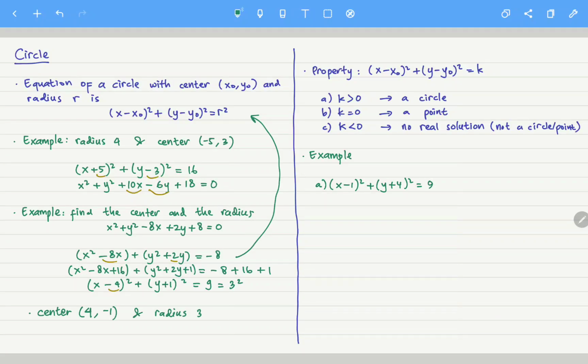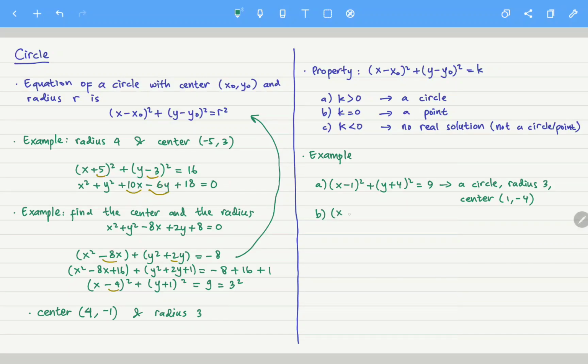So the equation x minus 1 squared plus y plus 4 squared equals 9. So in this case, because 9 is greater than 0, then we will get a circle. And then the radius is 3, and then the center is 1 comma minus 4.